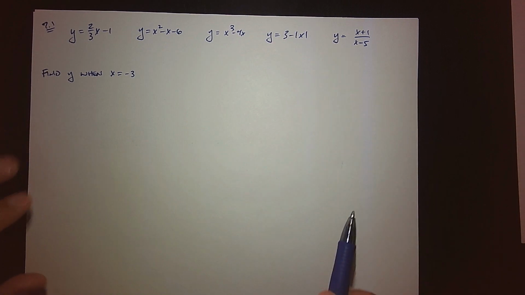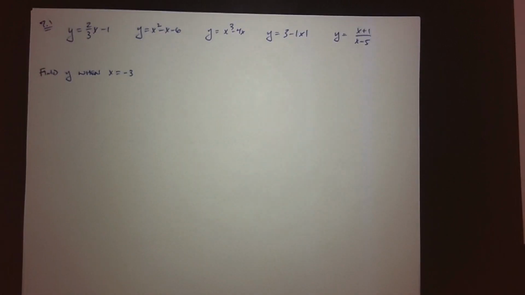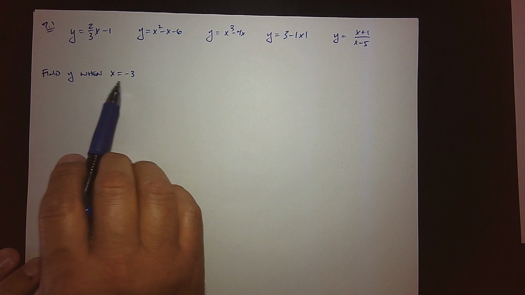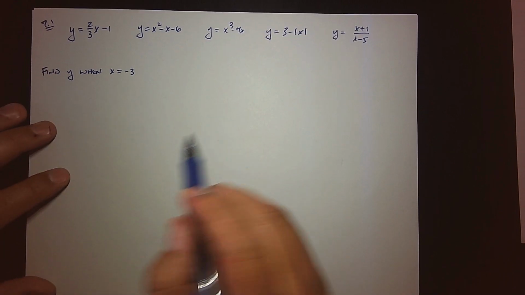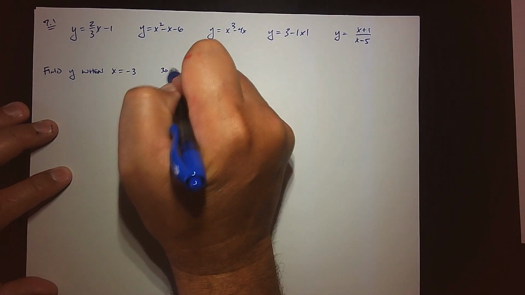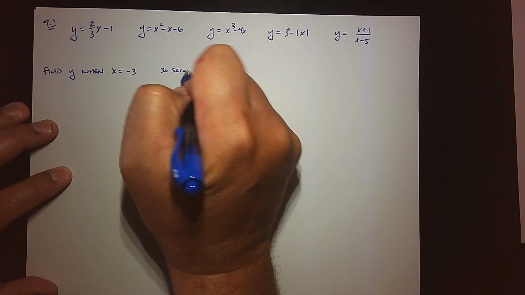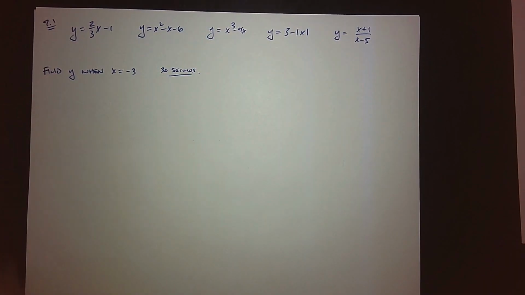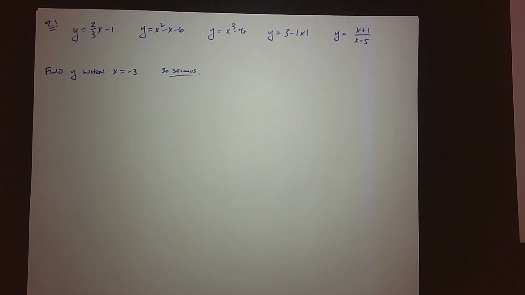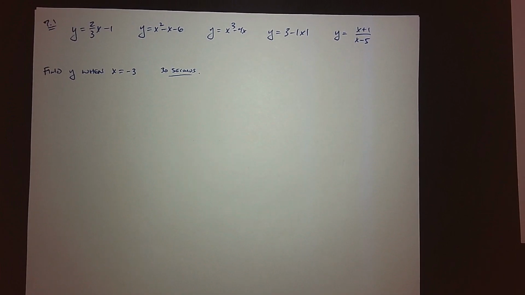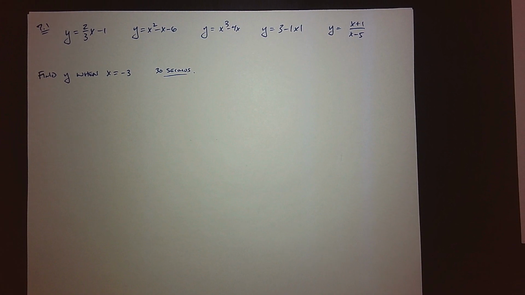And one of the exercises I usually do in a classroom is I ask my students to find y when x equals -3. And to really get everybody scared, I tell them they have 30 seconds to do it. And if they all get the right answer, we can all leave early for class. And of course, usually students want to do that, but what starts to happen is they start to realize, what you guys are probably asking yourself right now, or at least I'm hoping you're asking yourself, is, well, which one does he want?